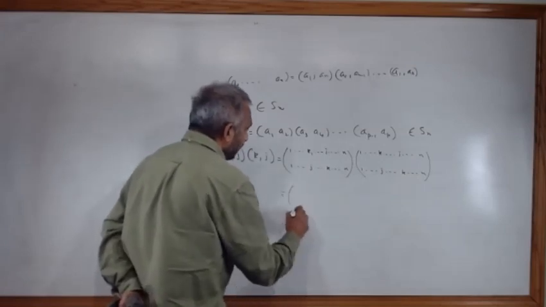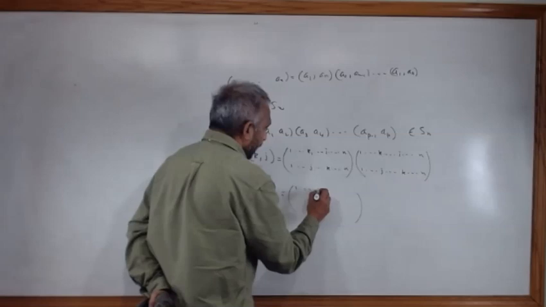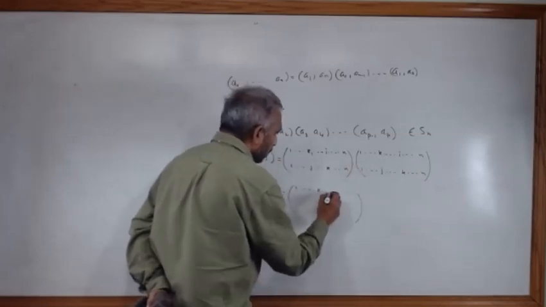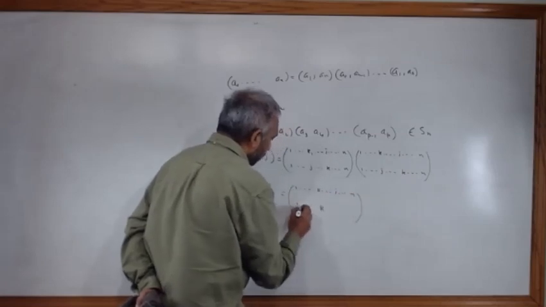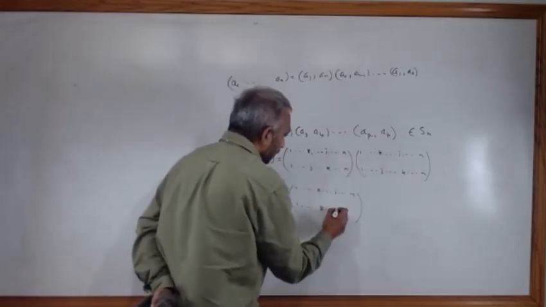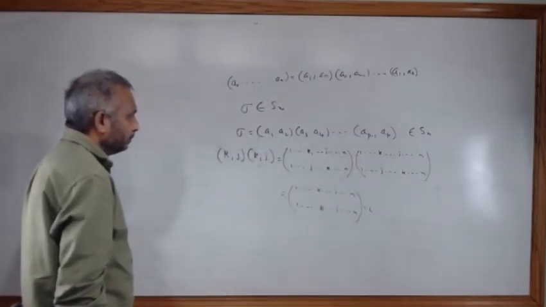So what happens when you compose here? k goes to j, and j goes to k. And then j goes to k and k goes to j, and that will become the identity permutation.